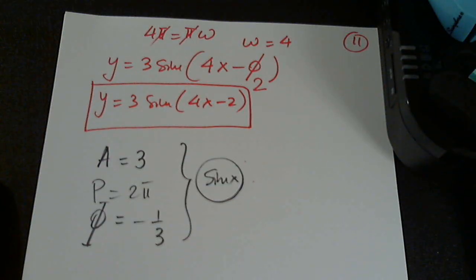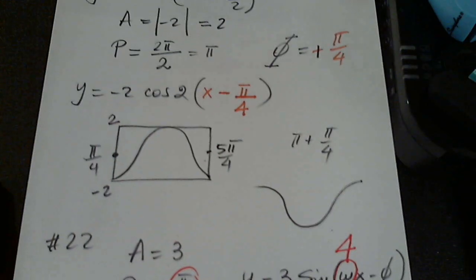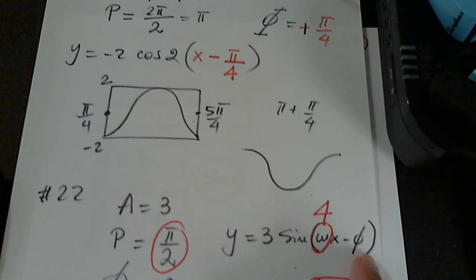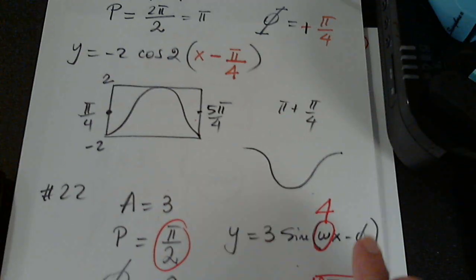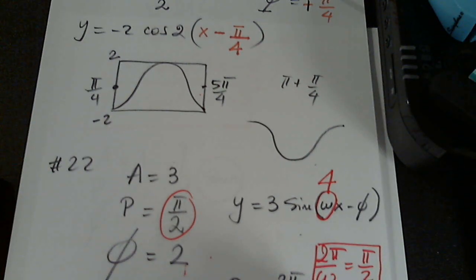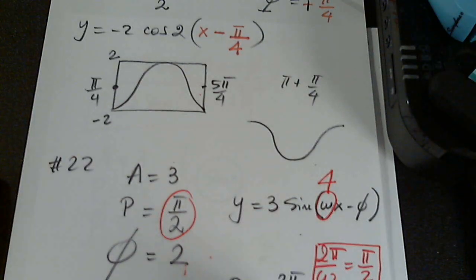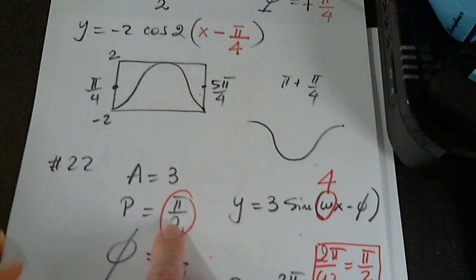Any questions? Can you explain how to get the omega again, please? Yes, of course. So first I will write the definition, which is the amplitude sine omega x minus phi. By definition, the period is 2 pi over this number. But the period is given to us.